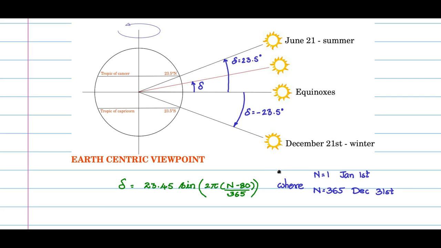This is an empirical formula which seems to fit the delta with very close accuracy. You can get 0.1% accuracy with respect to actual values that you would find in ephemeris data or the almanacs. The delta declination is given in degrees.